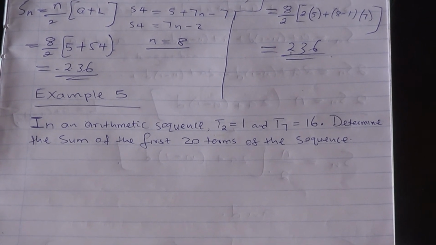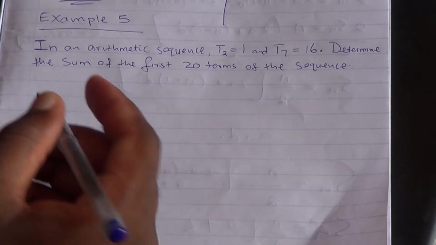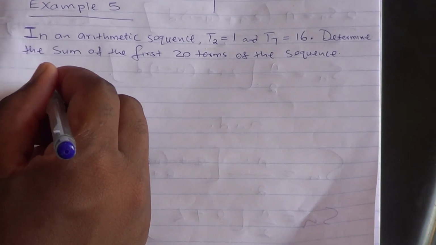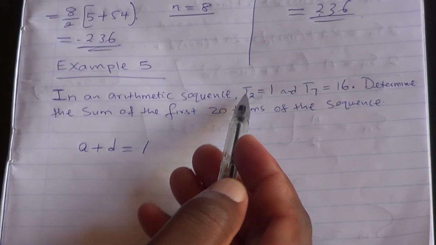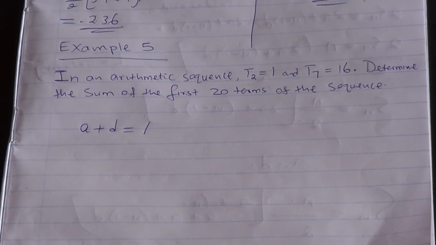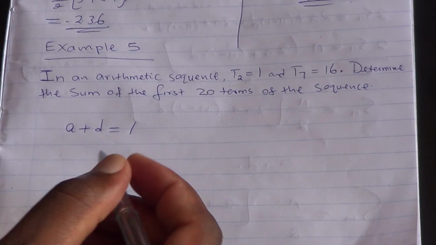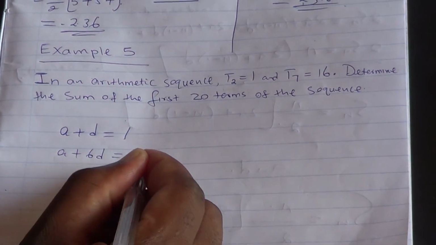Here, the first 20 terms. We have the formula to calculate the sum. Now we're told that a plus d is equal to 1, and this is the T2. What about T7? Here we are mixing series and sequence. T7, a plus 6d is equal to 16.